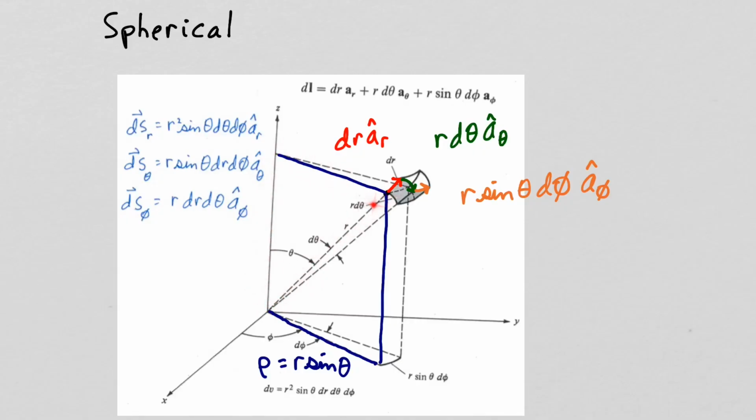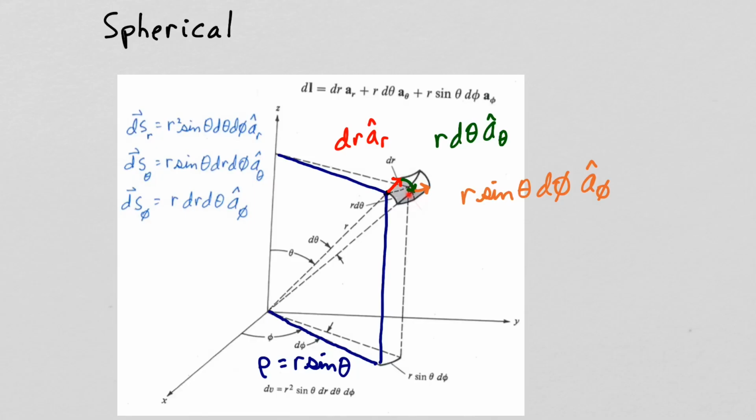Our differential length will just be the vector sum of these three vectors. The differential volume will just be the volume of this cube, which is the product of dr, r d theta, r sine of theta d phi.